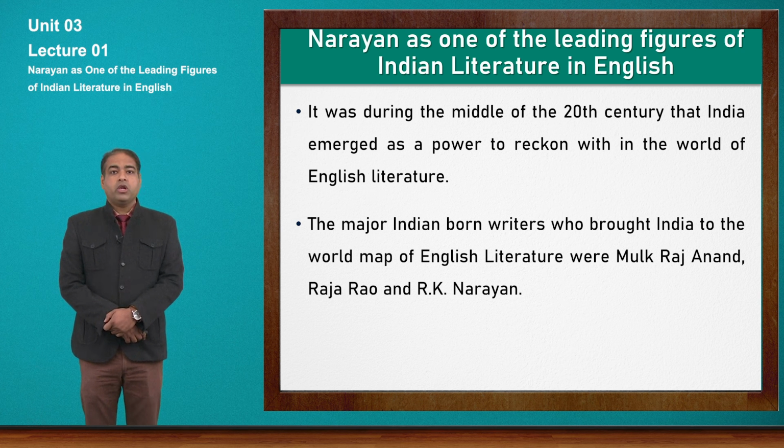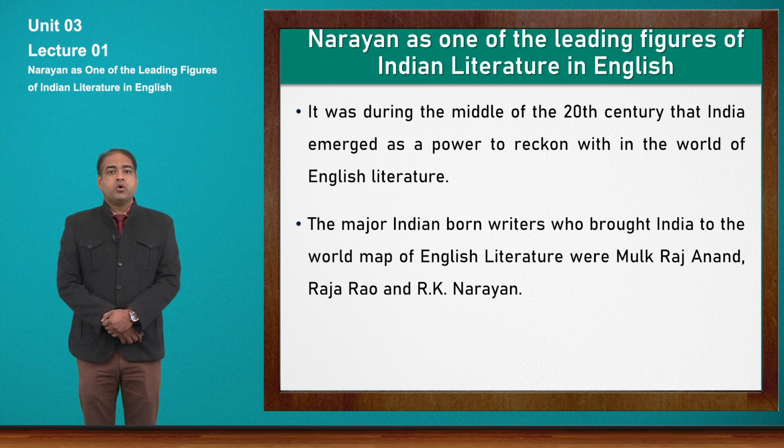So the true rule of the people, the government nominated by the common people themselves, came into existence in 1947. And which is why India came into the reckoning of the world. India came into the group of the English literary community in the middle of the 20th century.